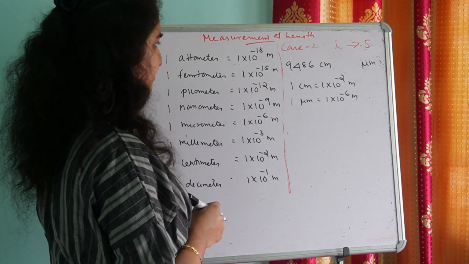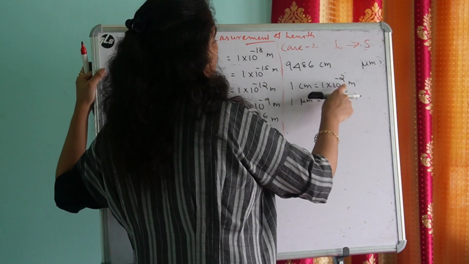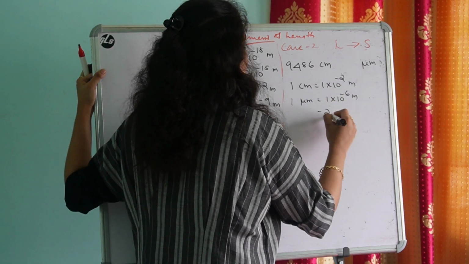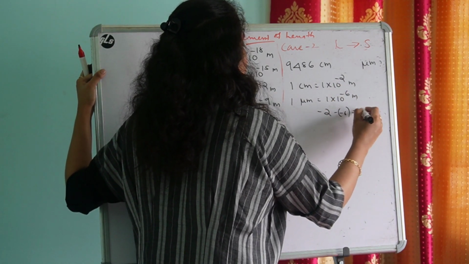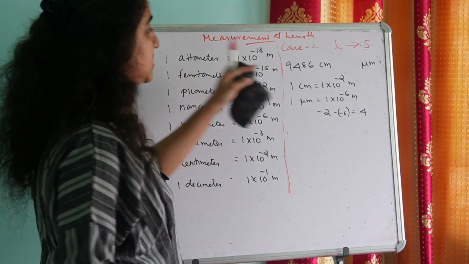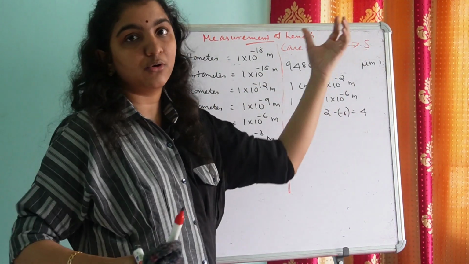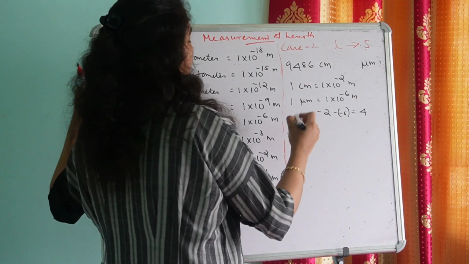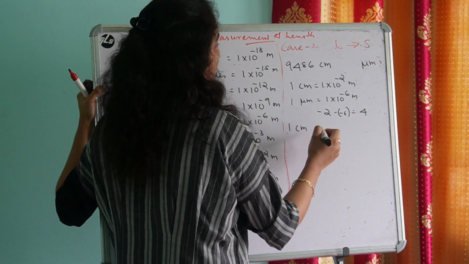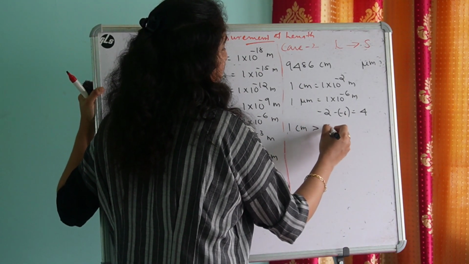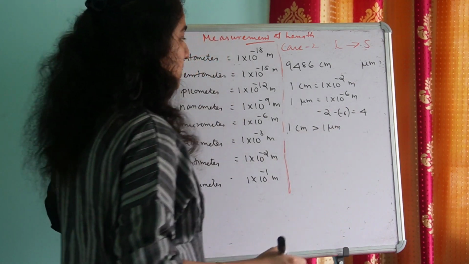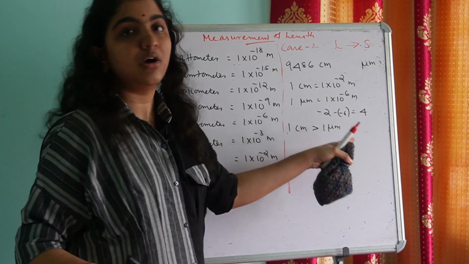Here minus 2 is greater than minus 6. So minus 2 minus of minus 6 is equal to 4. So the difference between these two powers is 4. Now 1 centimeter is greater than 1 mu meter.